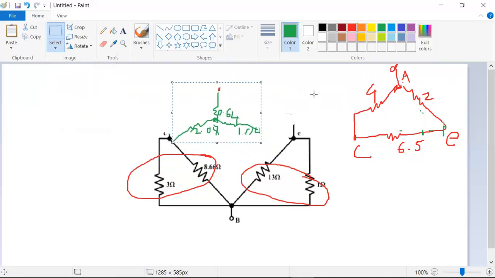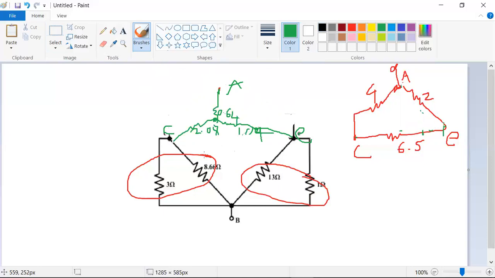Then it will look like this. Let me add this green point. This is A point, right? I'm not changing the point. This is A point, already given. This is C and this is E point. Then this is 1.04. This is 2.08.